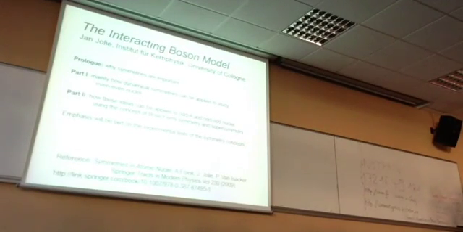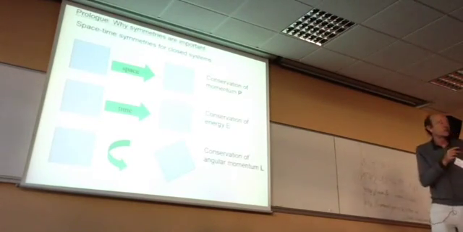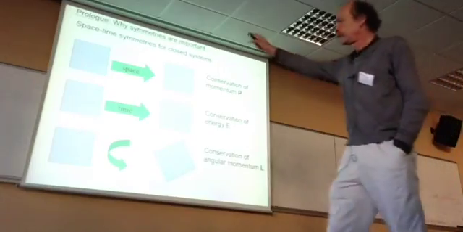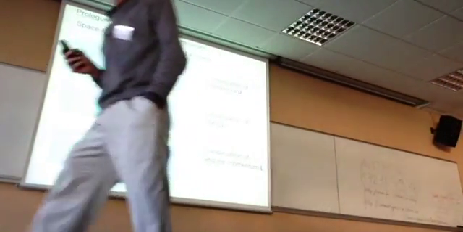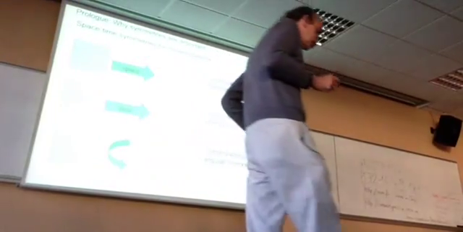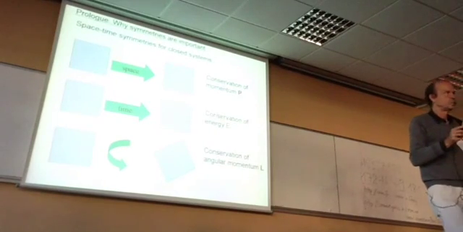So, why are symmetries important? Let's start with classical physics. In classical physics, you have a closed system, denoted by this square, with no interactions with the environment, and you want to formulate physical laws.